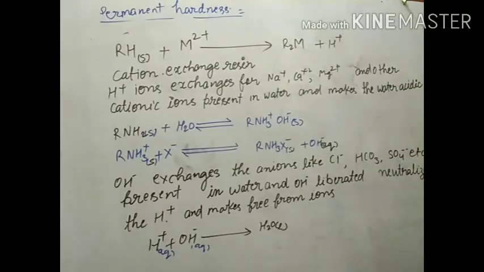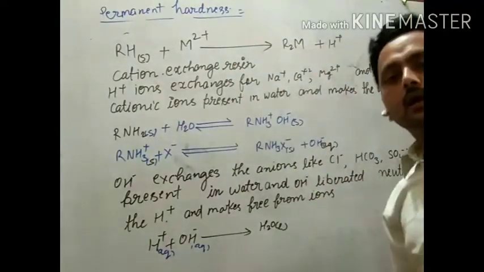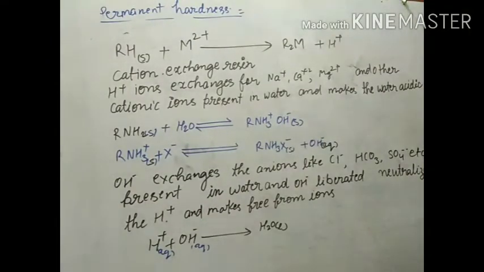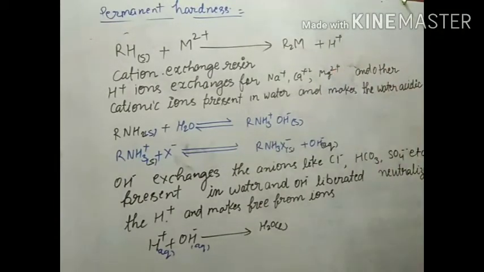You may see, when hard water is passed through cation exchange resin, it exchanges the cationic ions and makes water acidic. When this is again passed through the anion exchange resin, it exchanges the anions present in water and liberates OH ions.